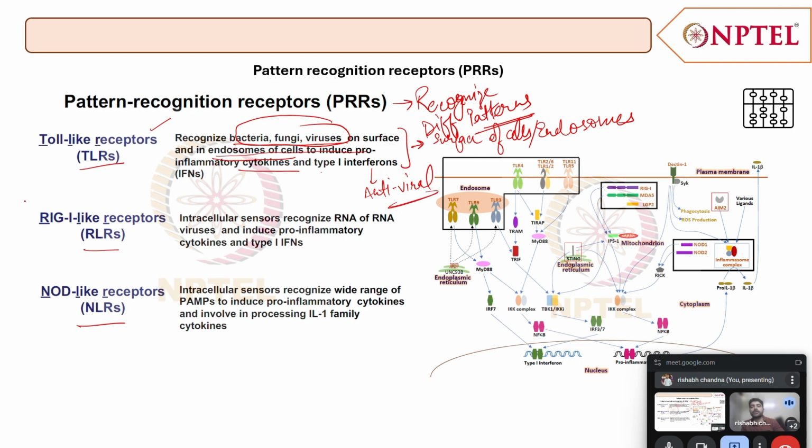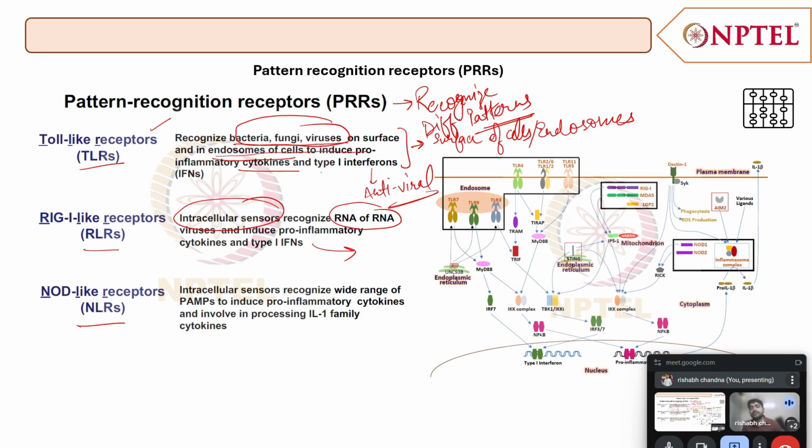Then we have RIG-like receptors. These are intracellular sensors, present inside the cell, that can recognize RNA of the RNA viruses, and they start producing the pro-inflammatory cytokines and the type 1 interferons to initiate the immune response. Then we have NOD-like receptors.